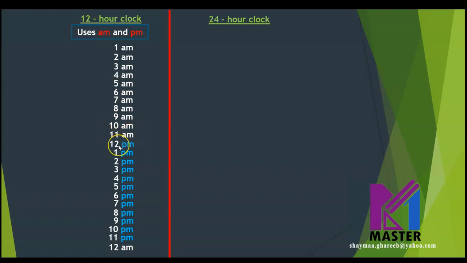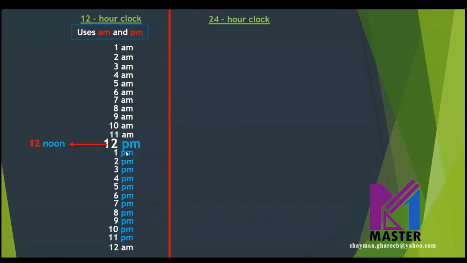What about 12 p.m. here? After 11 a.m. we have 12 noon. So the 12 noon is the beginning of the p.m., as you can see.